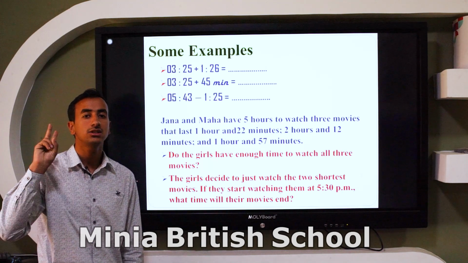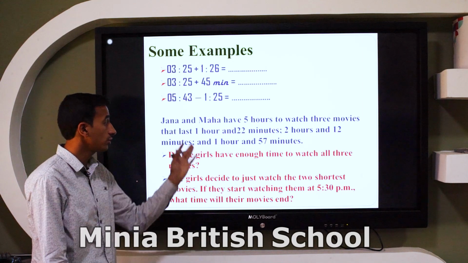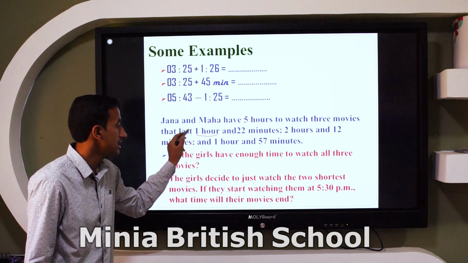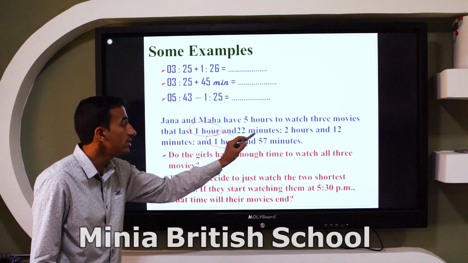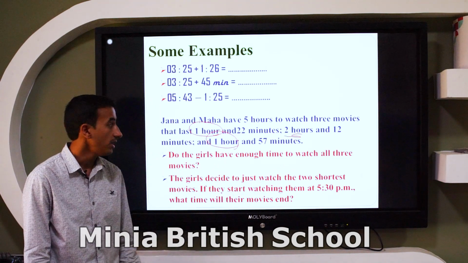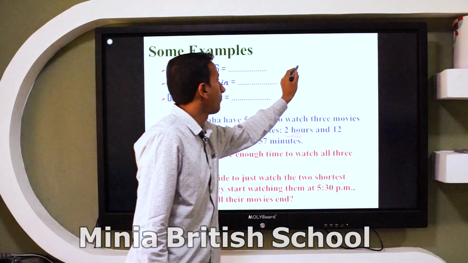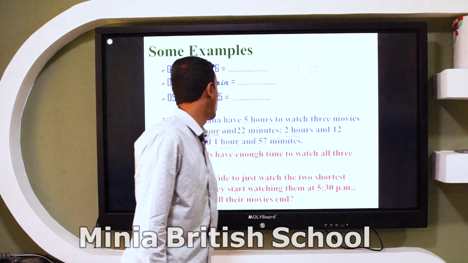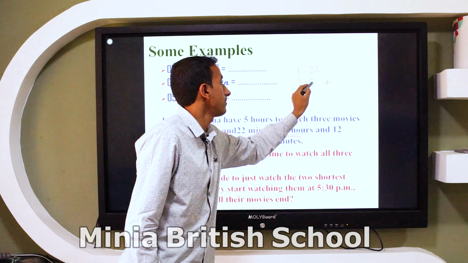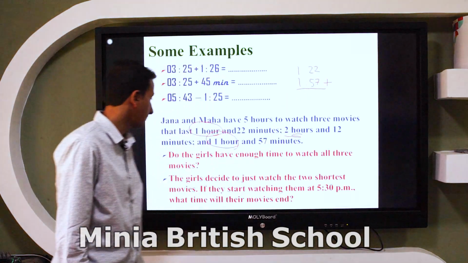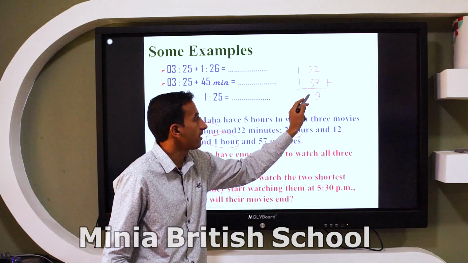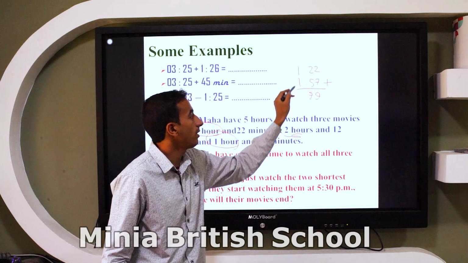I can take the 2 shortest movies. What are the 2 shortest movies of these 3? Yes, excellent. The first movie lasts 1 hour, the third movie also 1 hour, but the second movie is 2 hours. So the 2 shortest movies are 1 hour and 22 minutes plus 1 hour and 57 minutes. 2 plus 7 equals 9, 2 plus 5 equals 7, and 1 plus 1 equals 2.